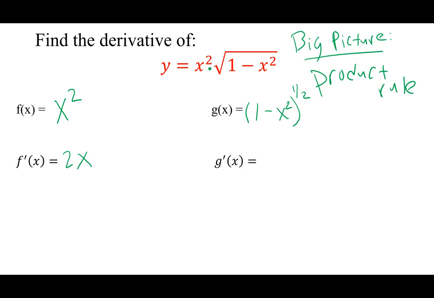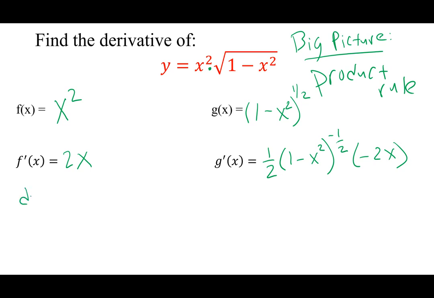And then when I take the derivative, I have to bring down the 1/2, 1 minus x squared to the 1 less power. And then using the chain rule, I have to take the derivative of the inside, which would be negative 2x. So again, even if you haven't really been using the f, f prime, g, g prime notation, it might just be helpful for these first couple of chain rule problems, just to kind of get your mind right.